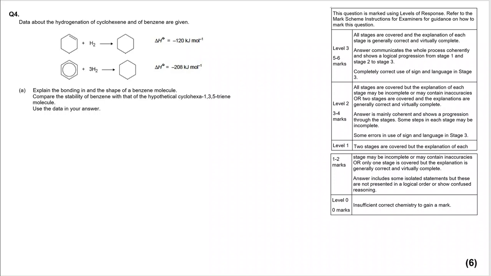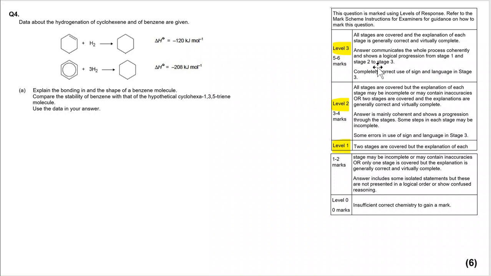For level 2, you need to have 2 of the stages virtually complete or all 3 stages attempted. And to get to level 1, 2 stages need to be attempted or 1 stage needs to be virtually complete. So when it has been decided whether you're level 1, 2 or 3, the decision then for the marker is where within that level you are.